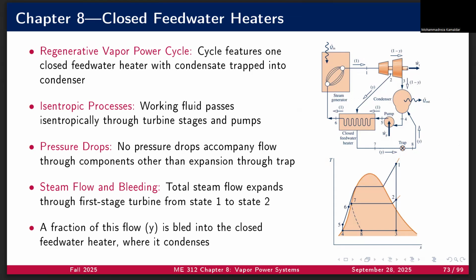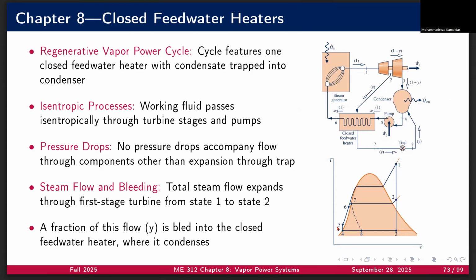So let's quickly review the major assumptions and then trace the flow, paying close attention to the TS diagram at the bottom right here, which visually represents the entire process. First, the idealizations for our analysis.